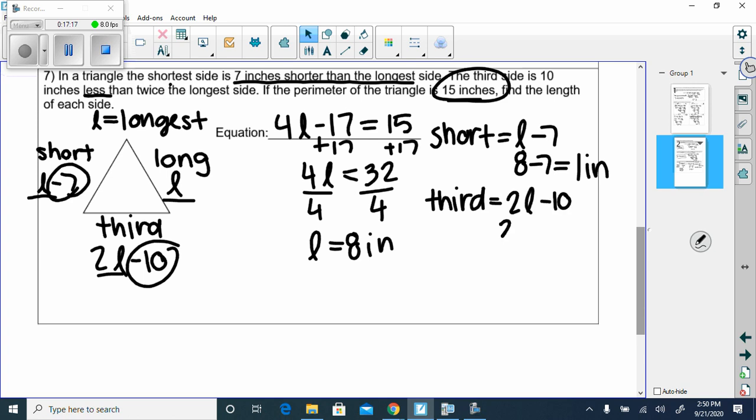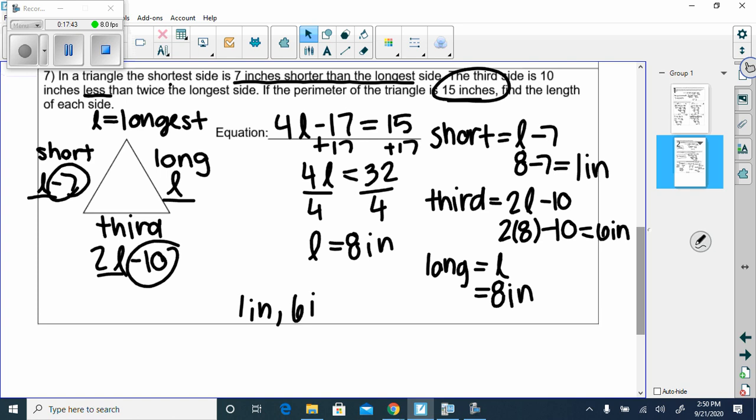And for L, I need to plug in 8. So I've got 2 times 8, which is 16, and 16 minus 10 is 6. Good. Alright, and then my longest side was just L, and we said that L is 8. So my 3 sides are 1 inch, 6 inches, and 8 inches.